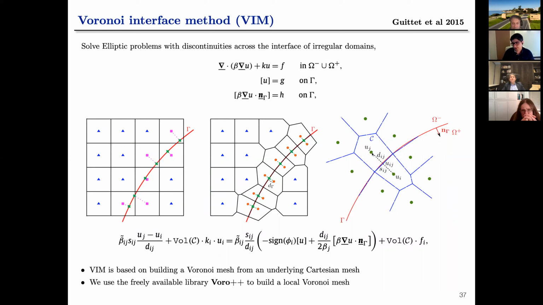And now you can easily impose the jumps in the solution and gradient, and then you combine this with a finite volume scheme. So then you get this discretization. As you see, this discretization is a symmetric positive definite matrix, and the jump appears on the right-hand side, as advertised. So we use Voro++ to convert the Cartesian mesh to a Voronoi mesh.